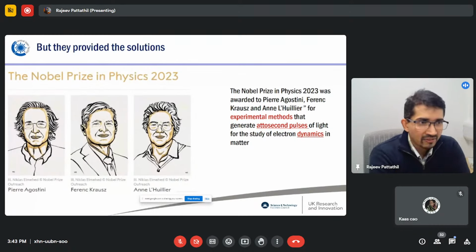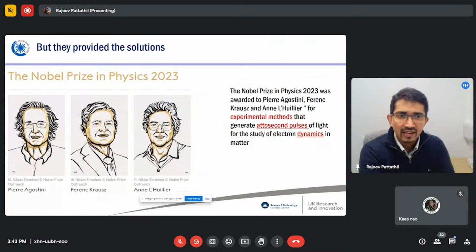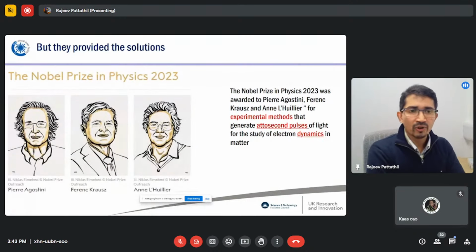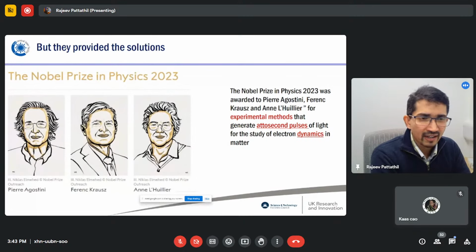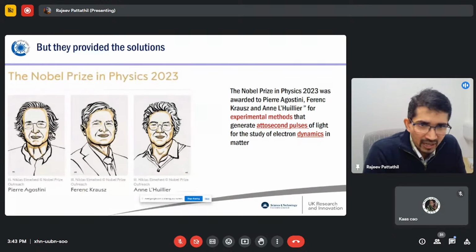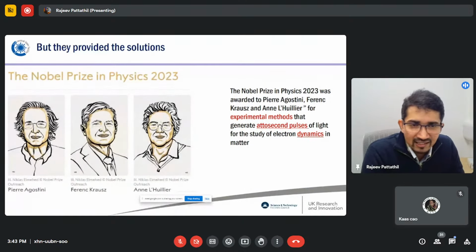The reason I highlighted those is that the field is much wider, and a lot more people have contributed to it. Without their contributions, even the experimental developments wouldn't have been possible. The word dynamics is the entire theme of the talk, and this is primarily why people are interested in generating shorter and shorter time intervals.